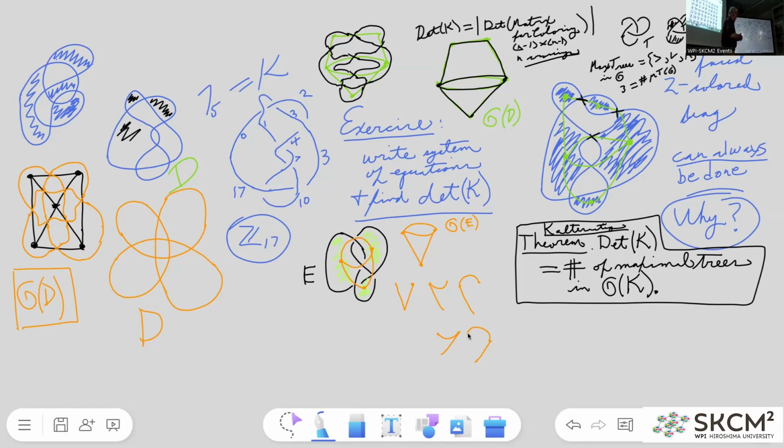Well, if I gave you a complicated graph like this one, this is the one we're looking at the moment, this nice graph here, how many trees do you think this has? Let's call this graph H. The number of maximal trees in H is equal to 45, I claim, in this case.